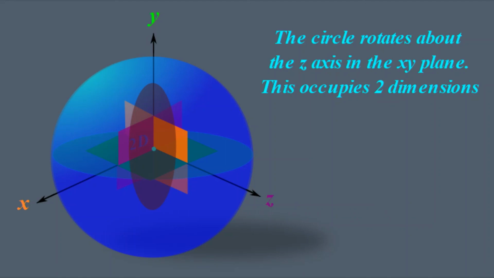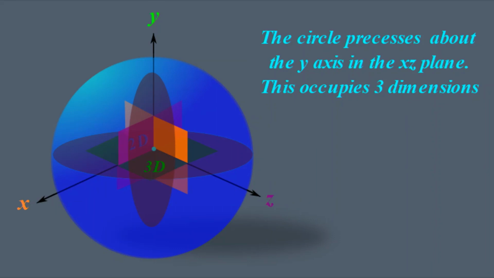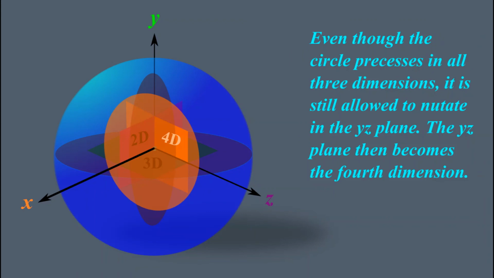We now take that same spinning circle and using the y-axis as the UQ, we rotate the spinning circle about the y-axis. The circle now precesses in both the XY plane and the XZ plane, occupying all three dimensions, X, Y, and Z. But we are still allowed to notate this collection of XY and XZ spins about the x-axis. This creates a fourth dimension along the YZ plane.